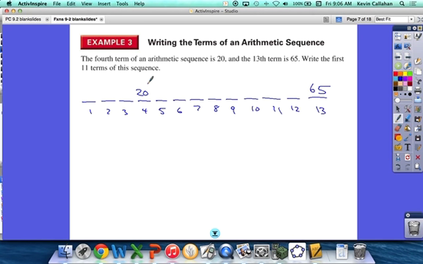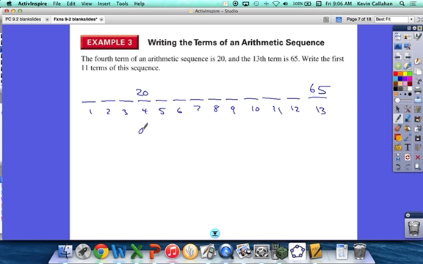Once, twice, 3 times, 4, 5, 6, 7, 8, 9 times, right? In order to go from the fourth to the 13th. I mean, it's a subtraction, 13 minus 4, right?